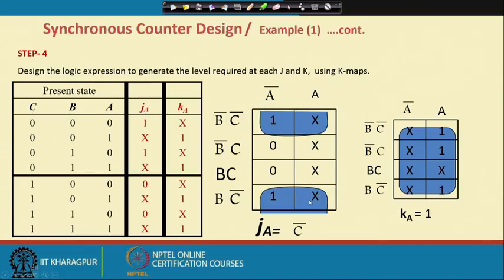After that, the step is to make the corresponding combinational logic. If the current state is 0 0 0, then we want J A to be 1 and K A to be do not care.